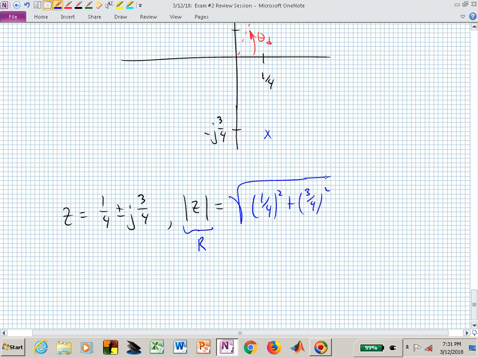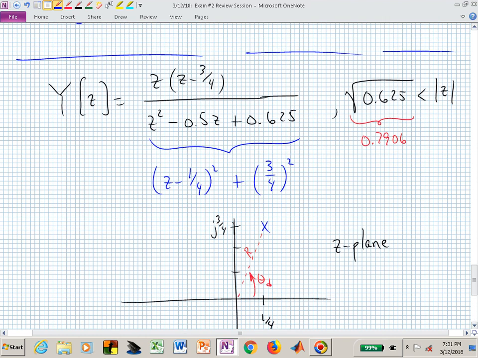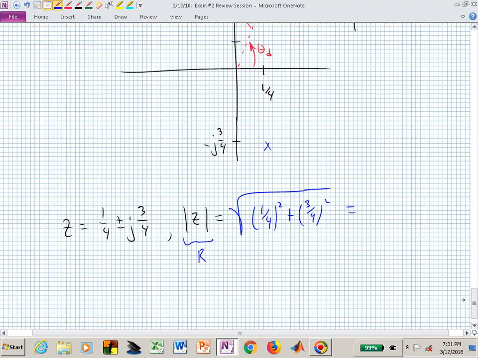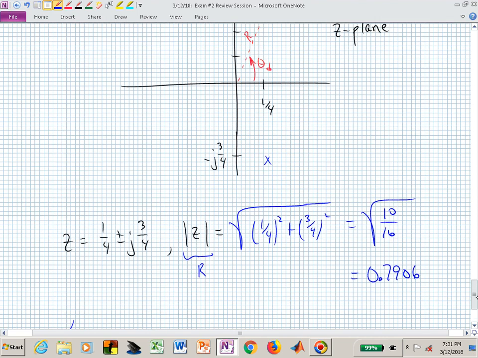And you could have seen that as R squared is 0.625. So R is the square root of 0.625. But if you do it this way, you end up with the square root of 10/16, which is 0.7906.